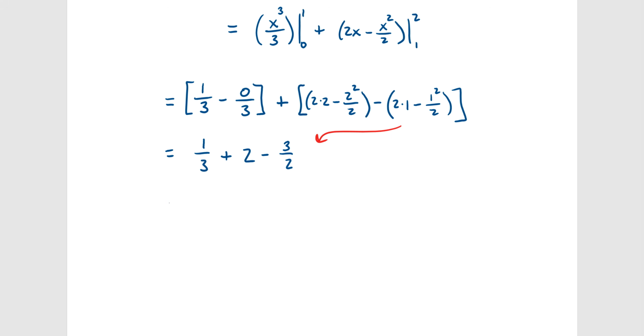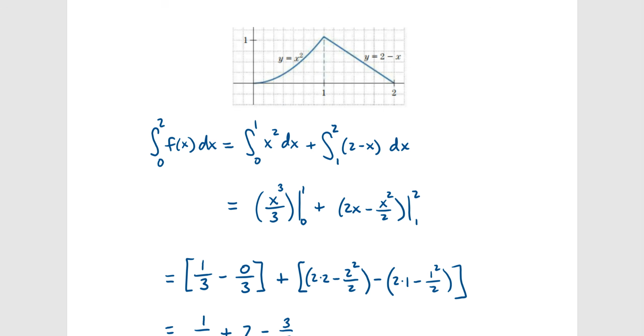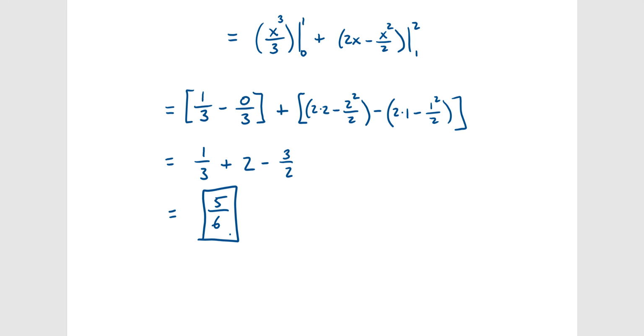So we just have to combine all this together and get common denominators, and we would end up getting 5 over 6. Okay, so the integral for this piecewise function from 0 to 2 is 5 over 6.